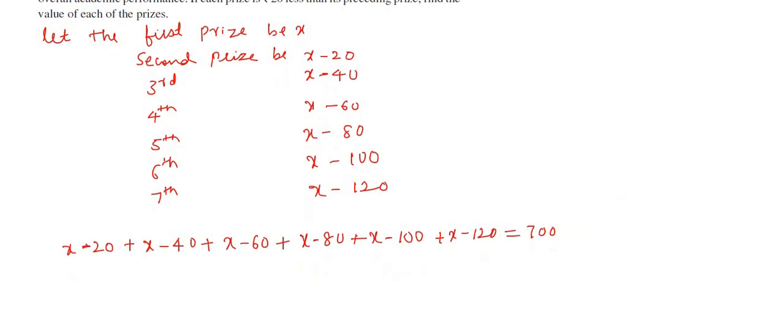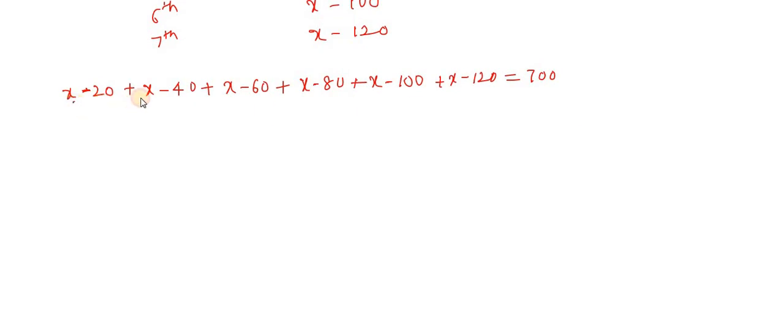Now how to find x? How many x are there? 7x minus the constants: 20 plus 40 is 60, plus 60 is 120, plus 80 is 200, plus 100 is 300, plus 120 is 420.